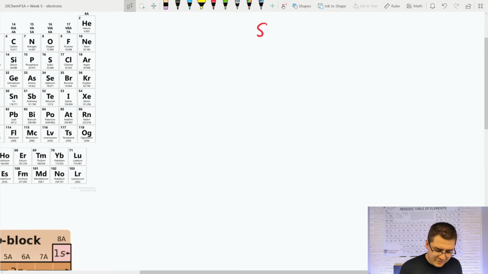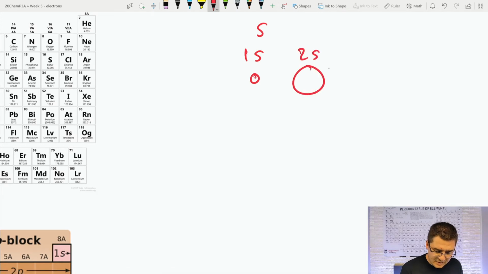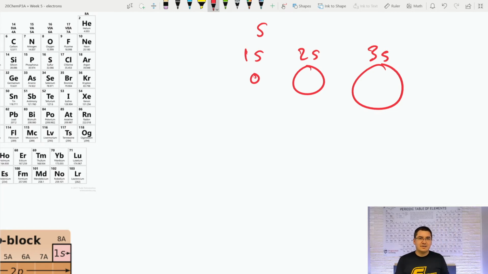S orbitals kind of look like spheres of increasing size. They're not really spheres; there's no hard and defined shape. We just know that if the nucleus is in the center of all these, the electrons exist somewhere in this spherical region.